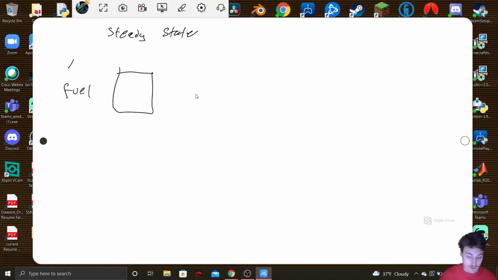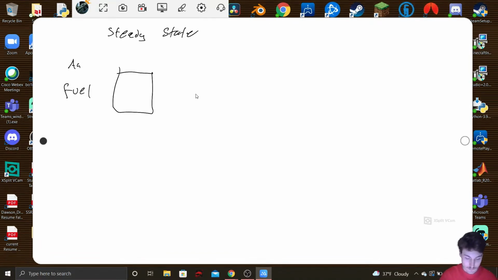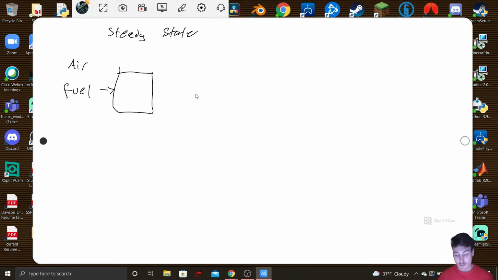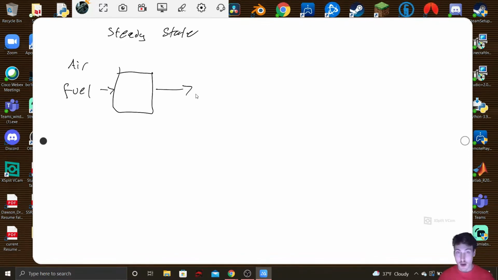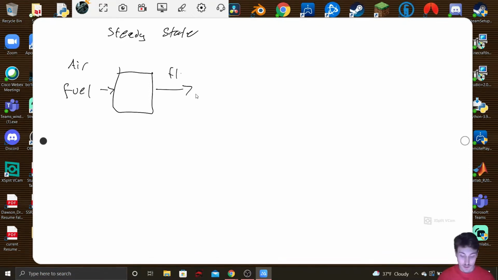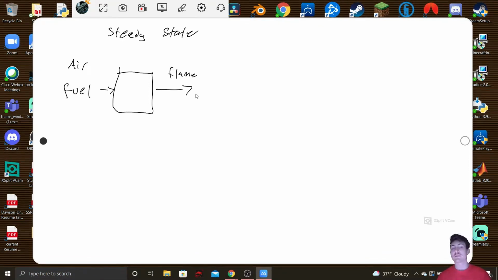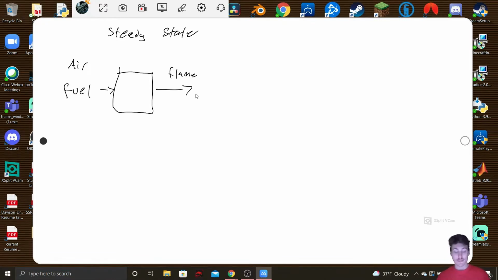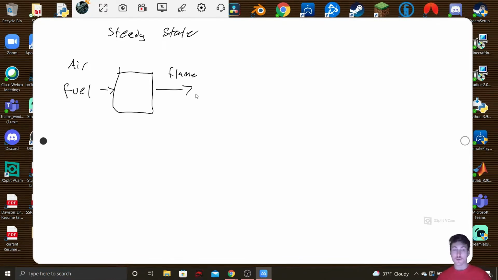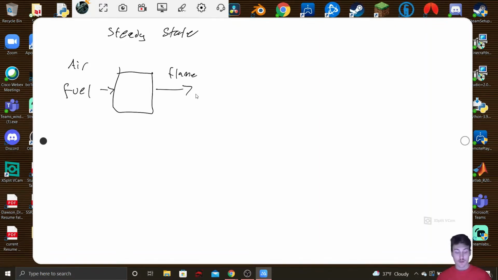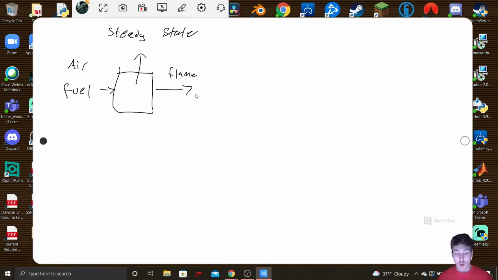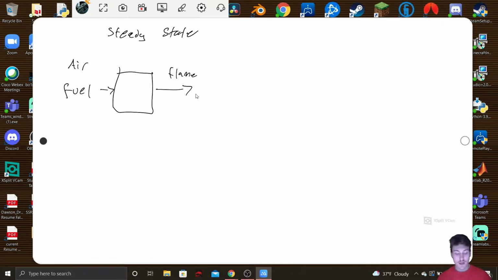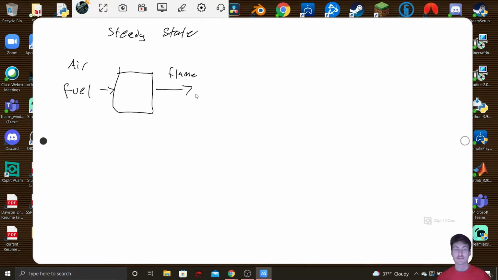Then we're going to have air going into the system, and going out we are going to get the resultant flame. As said before, this system is completely perfect in that no heat is going to be lost out of the system, no heat is going to be put into the system, and we're not going to lose any mass out of this.